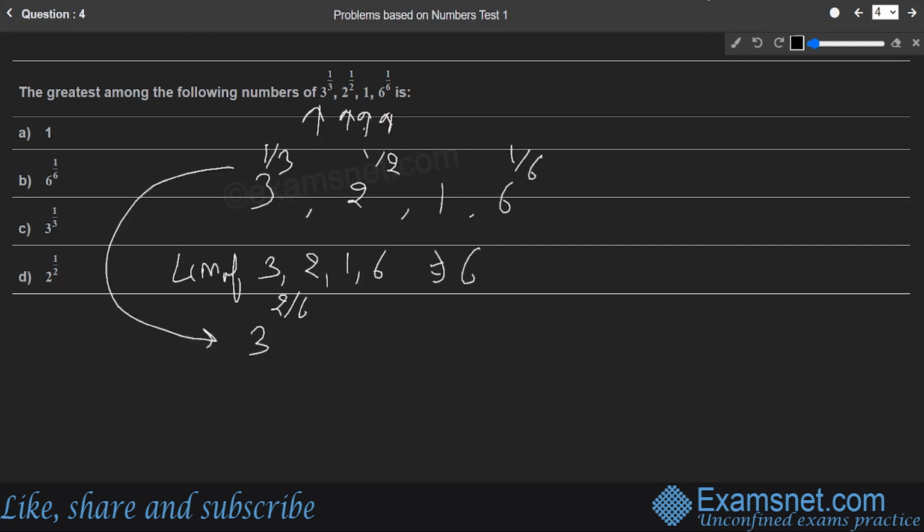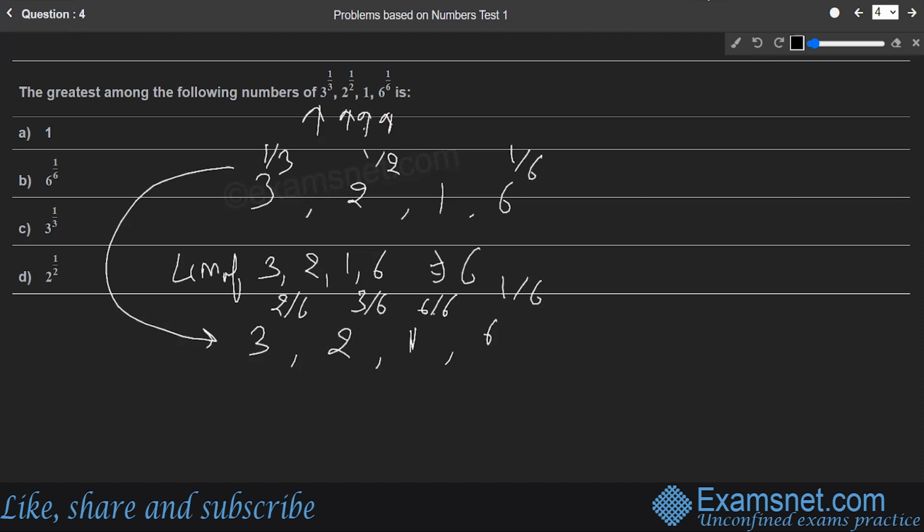We are just manipulating. The next number can also be written with the LCM as 6, so it can be 2 to the power 3 by 6. The next number is 1, which can be written as 1 to the power 6 by 6. And the last number can be written as it is, 6 to the power 1 by 6.